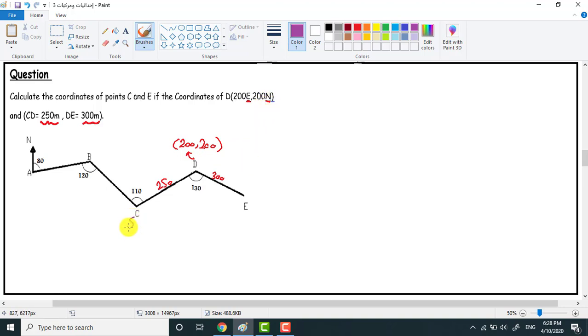We want to calculate the coordinates of point C, XC and YC, and the coordinates of point E, XE and YE. So let's write the equation.